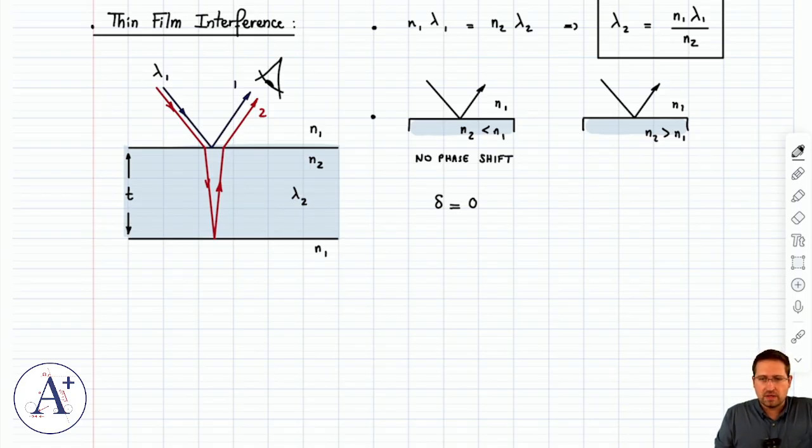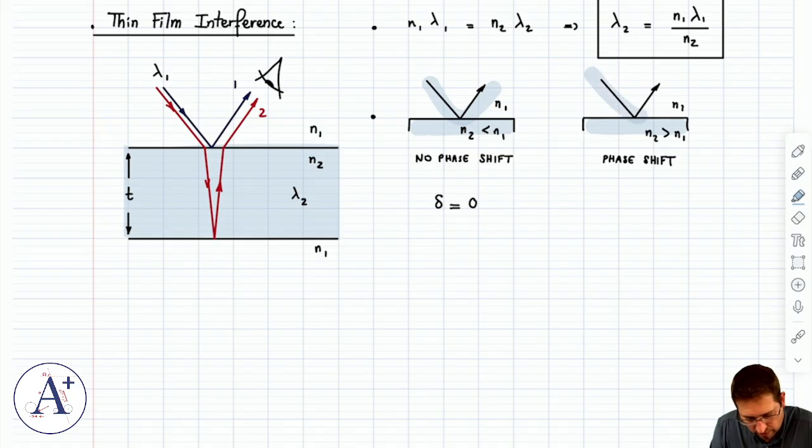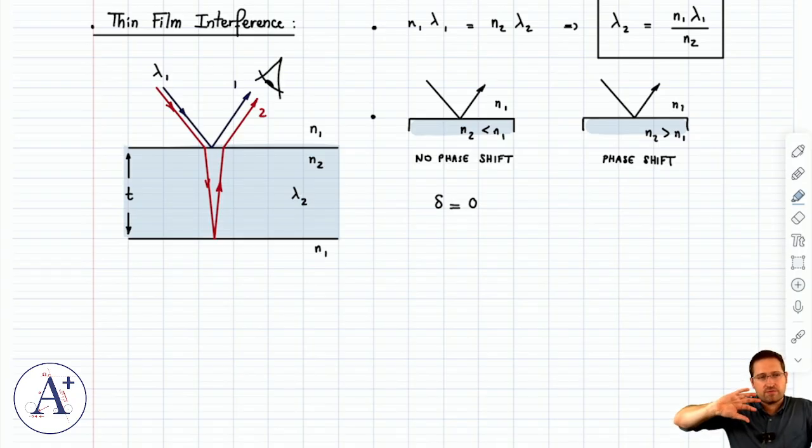However, if you reflect off of a medium that has an index of refraction n2 that's greater than n1, then light will undergo a phase shift. And it will appear as if light had traveled an additional distance, lambda over 2. It didn't really travel more distance when it reflected, obviously, right? In these two cases, obviously, we're talking the same distance traveled upon reflection, but by getting the phase shift, it basically flips your wave.